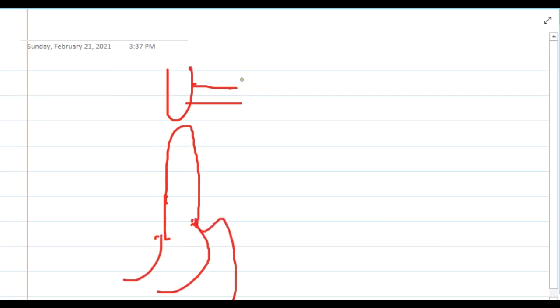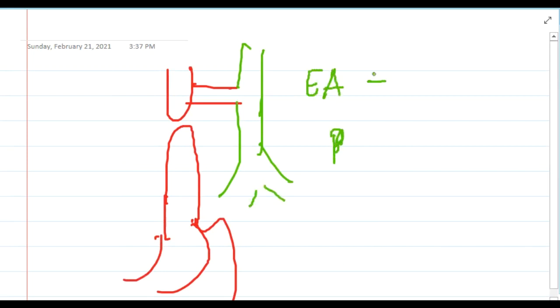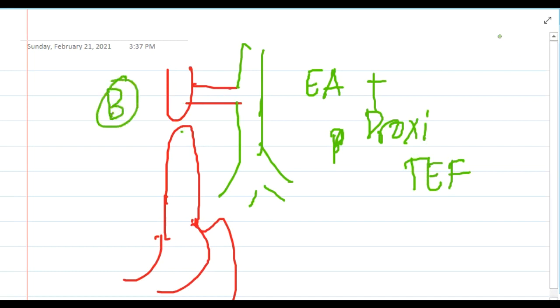There is esophageal atresia with proximal tracheoesophageal fistula. This is type B.